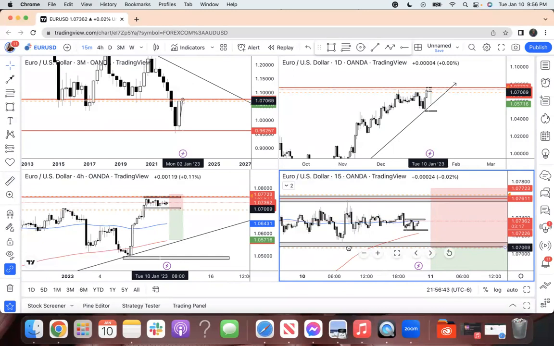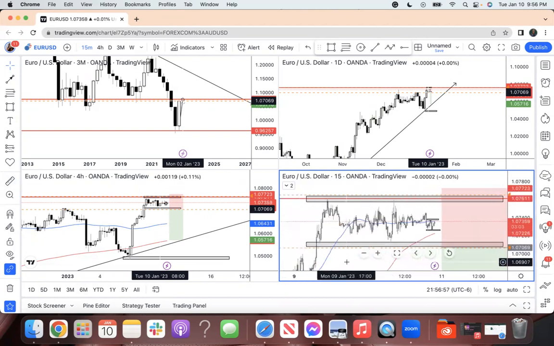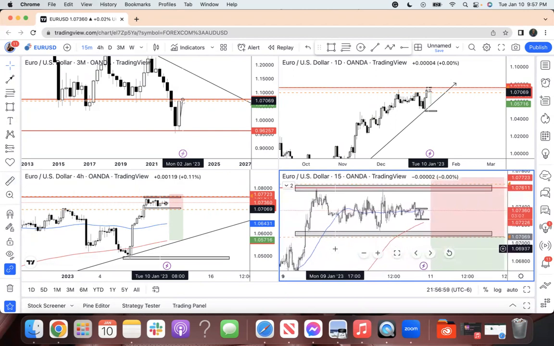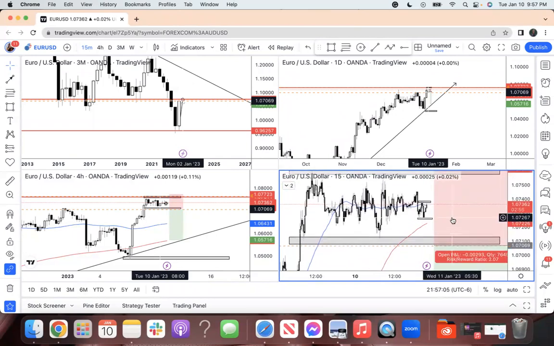So I've put my alerts above and below these major key areas where I initially identified on the higher time frames, but on the lower time frames, they're the same targets.